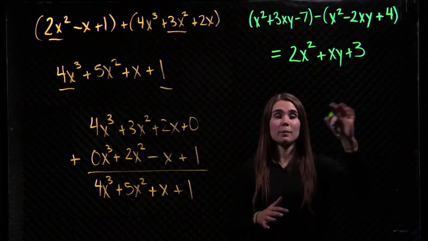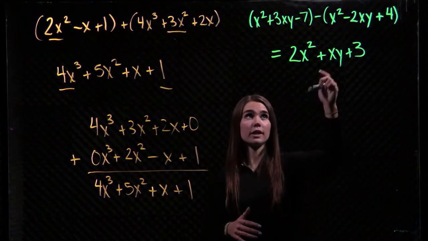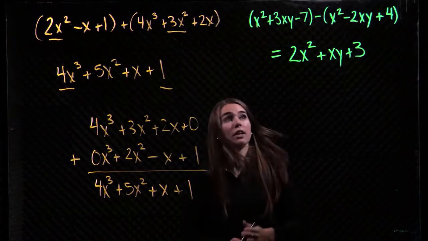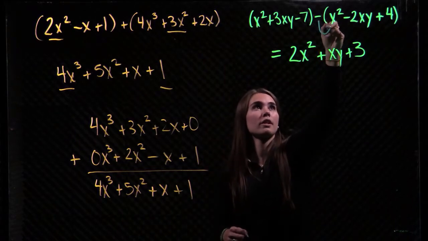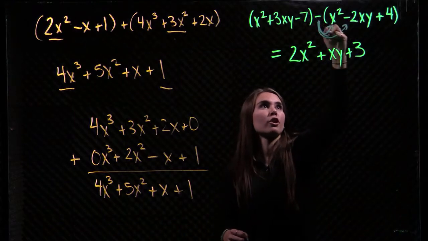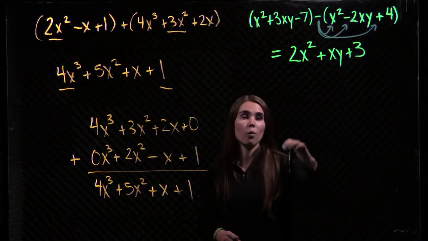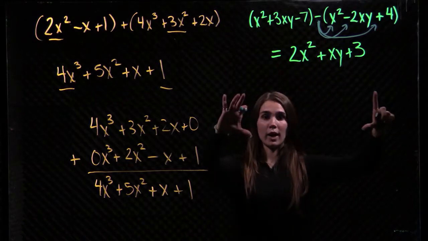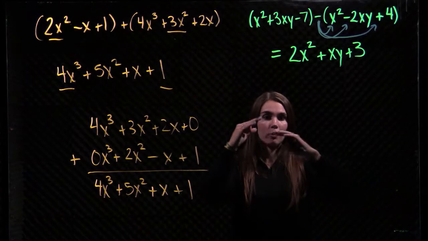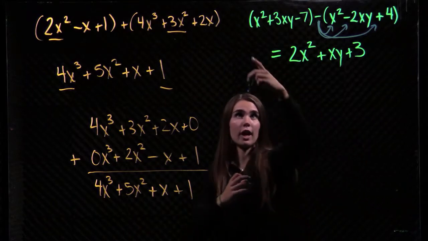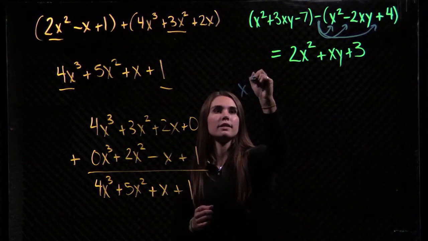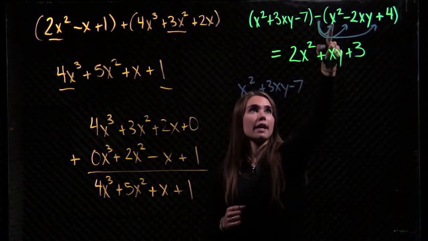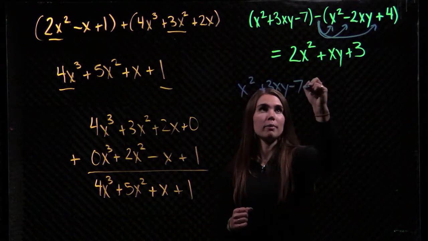So something important in our subtraction problems to notice is that this minus sign, I'm actually going to use a different color, the subtraction sign gets distributed to every single term in the polynomial. A really good strategy for doing subtraction is to just rewrite it without parentheses, because that helps you see where all the operations are happening. So we'll bring this down: x squared plus 3xy minus 7 minus x squared, because we're distributing that negative, so minus x squared.